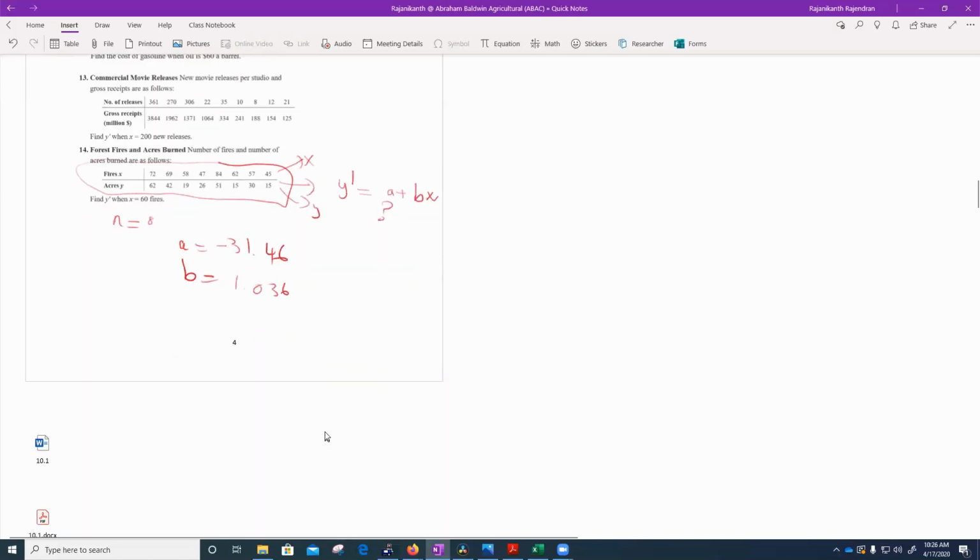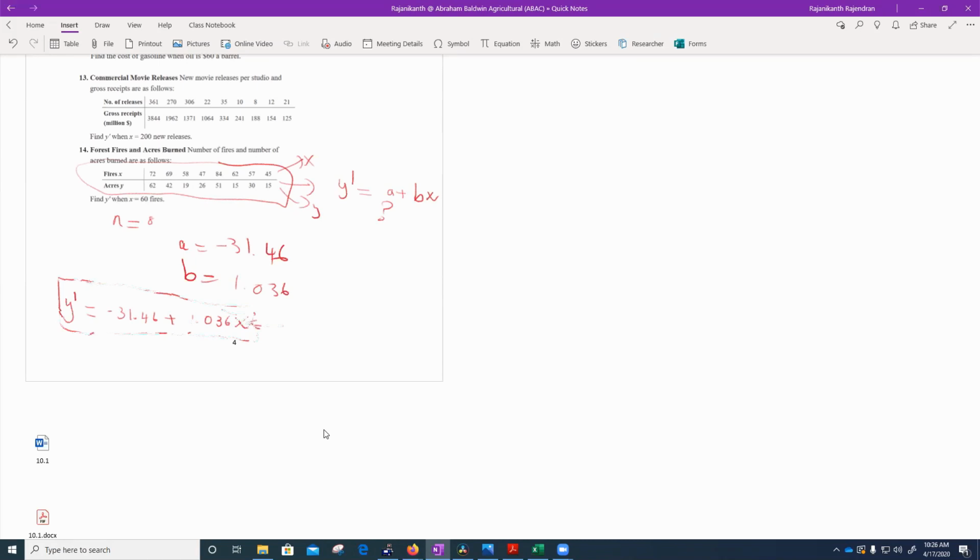Therefore, my predicted equation is a plus bx, so y prime equals negative 31.46 plus 1.036 times x. What is x here?